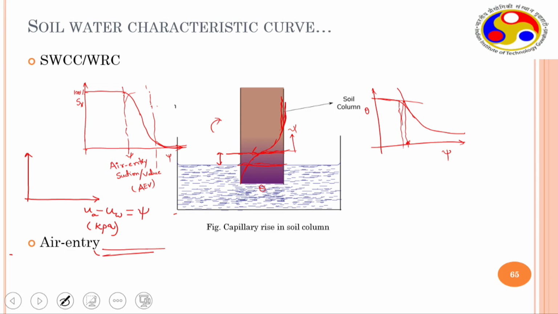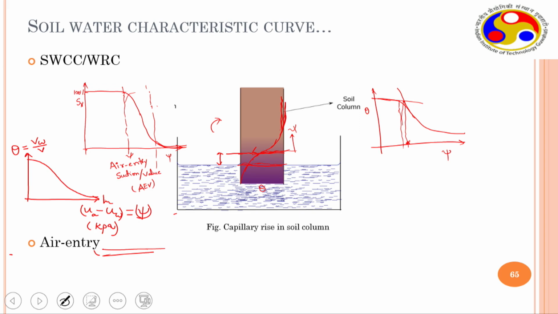Generally, like e versus log p, we represent it in logarithmic form because the ranges are too high, right? So we also represent in terms of a logarithmic scale. Okay, so this is in logarithmic, and this is theta, which is volume of water by total volume, right? So the curve may represent something like this.